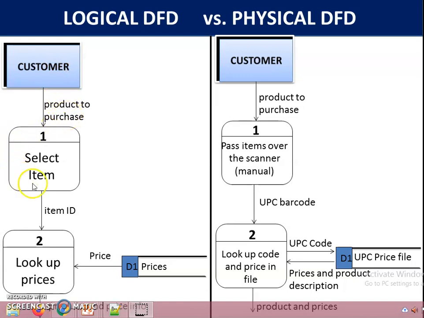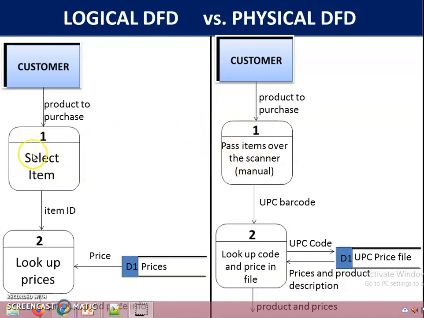Then he can do the first process, which is to select the item. Then this process will produce the output, the item ID, and then process 2 will be performed, which is for the customer to look up the prices. While if you try to look at this side, the physical DFD, look how the processes are transformed.